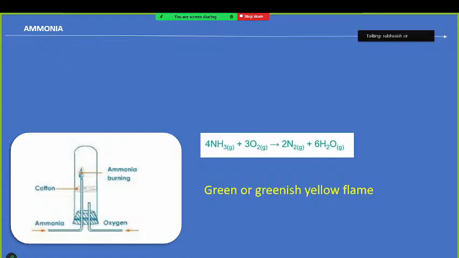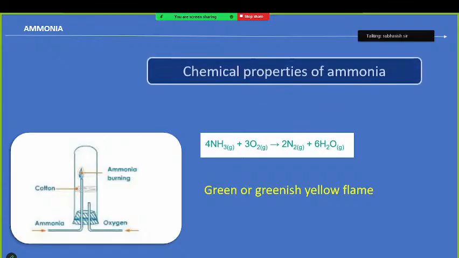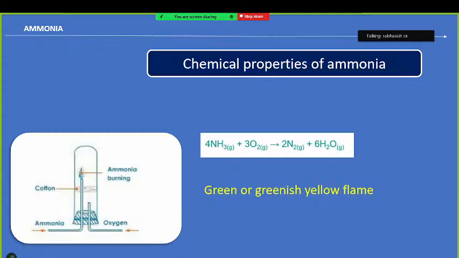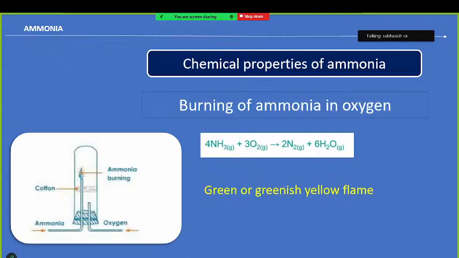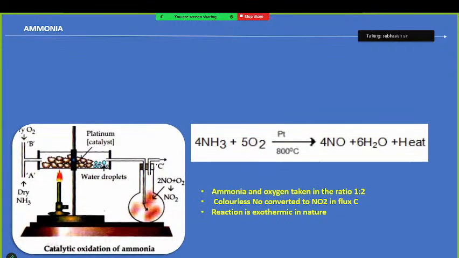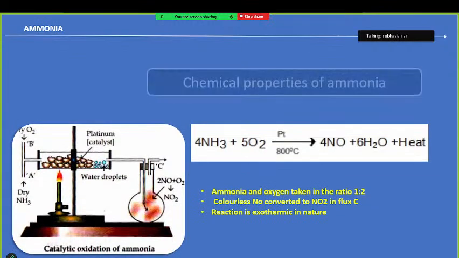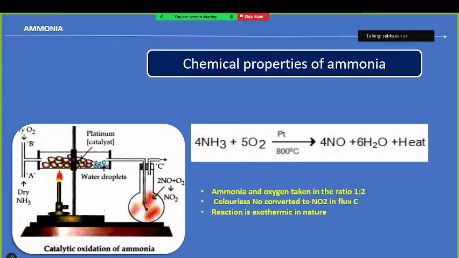And now some of the important reactions. You have to read this reaction where ammonia reacts with oxygen with the formation of nitrogen and water. With a greenish yellow flame, ammonia burns in oxygen with the formation of nitrogen and water, burning of ammonia in oxygen without using any catalyst. But if you use some catalyst, then it is converted into nitric oxide and water.